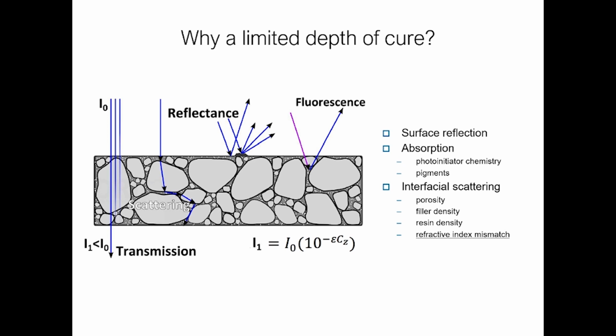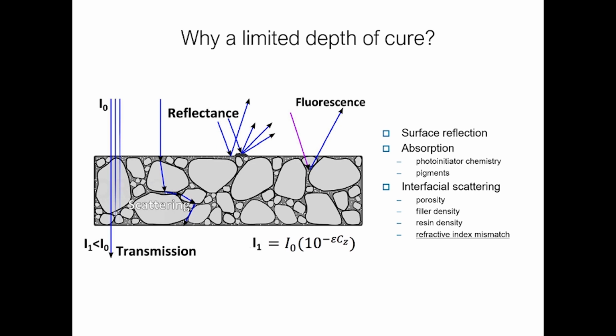So why do these materials suffer from low depths of cure? Well, this diagram represents what happens to light. So as you cure the material, quite a lot of light is lost through reflectance and other optical effects like fluorescence from the surface or near to the surface of the material.